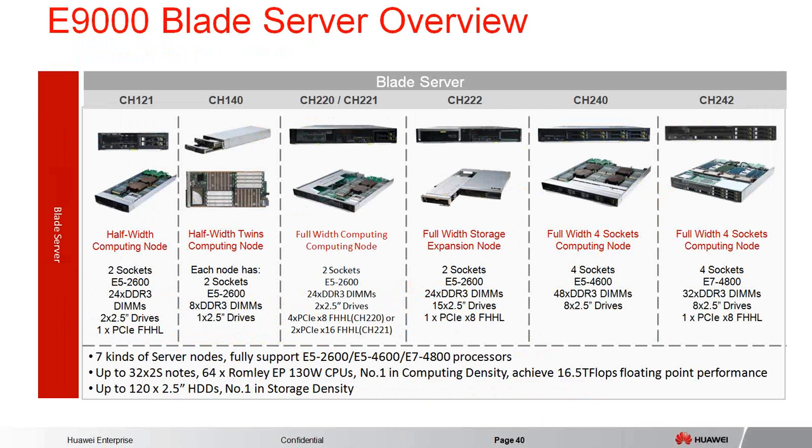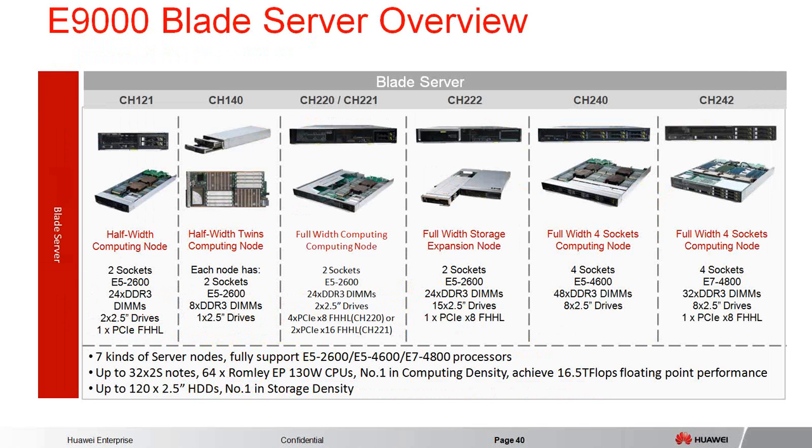Then we also have the E9000 blade server overview, which gives you the different models of blades that we have, from 2-socket E5-2600, 24 cores, all the way up to 32-core, 4-socket E7. These are different Intel CPU implementations, from Sandy Bridge to Ivy Bridge.